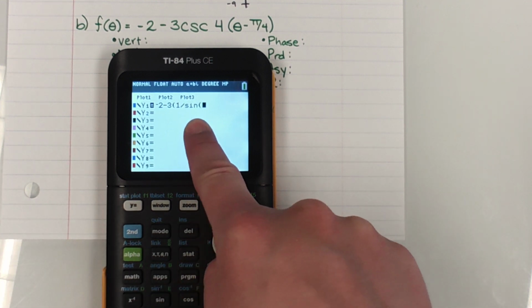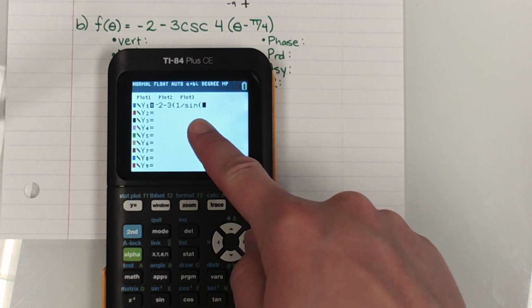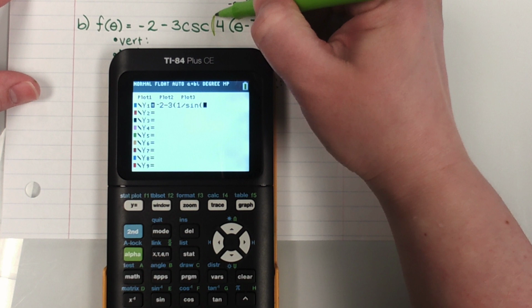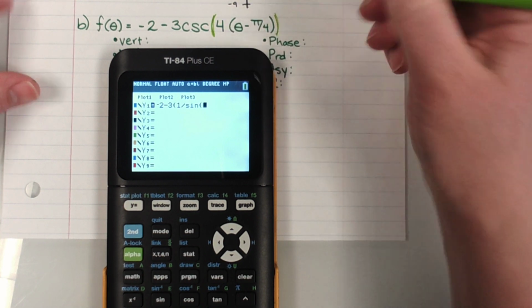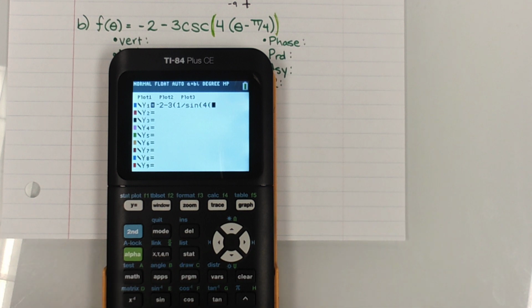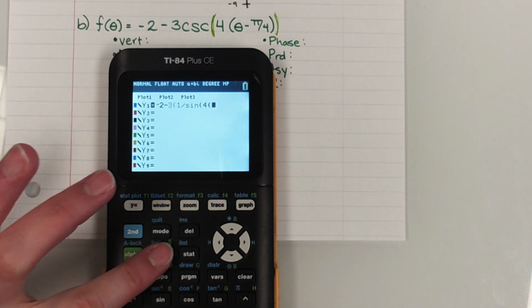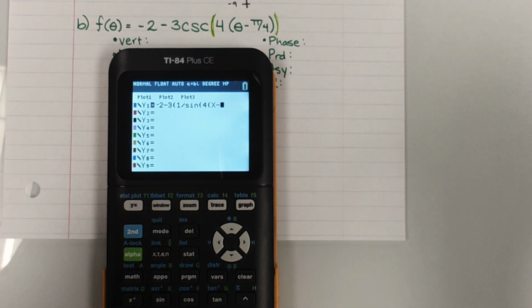Now it opened up a set of parentheses here. Do I need that? Yes, I need parentheses here. Then I've got 4 open parentheses. Theta is now an x minus.